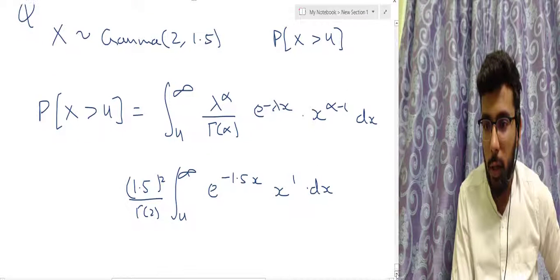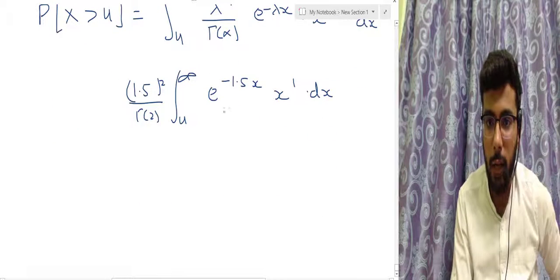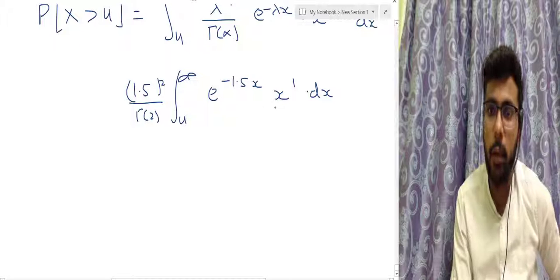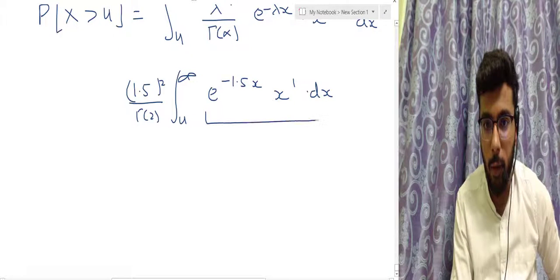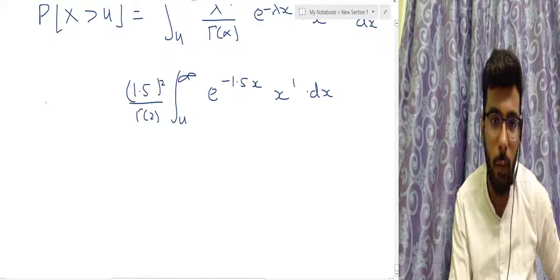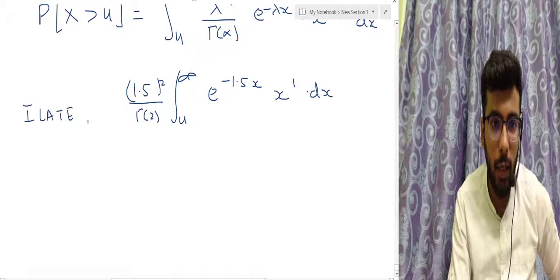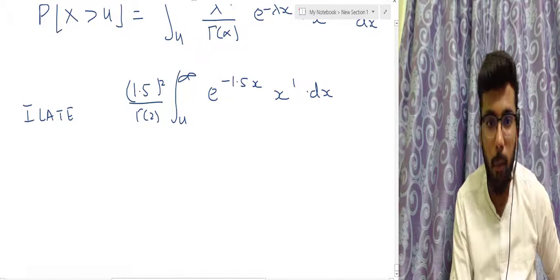Now how do you solve this? Again this is integration by parts. If I apply the rule properly, this is pretty simple. Using integration by parts, you just have to apply it once. By applying the rule ILATE, which one comes first?